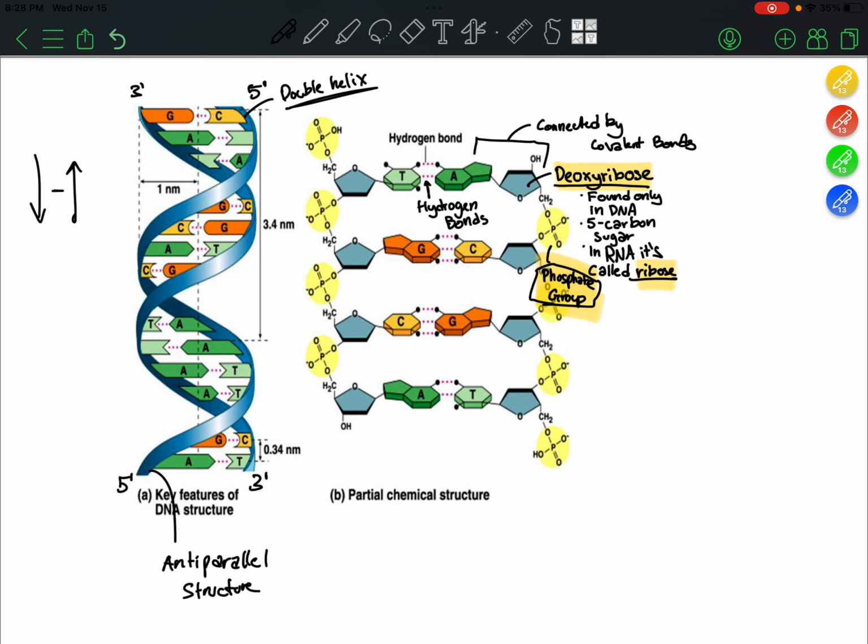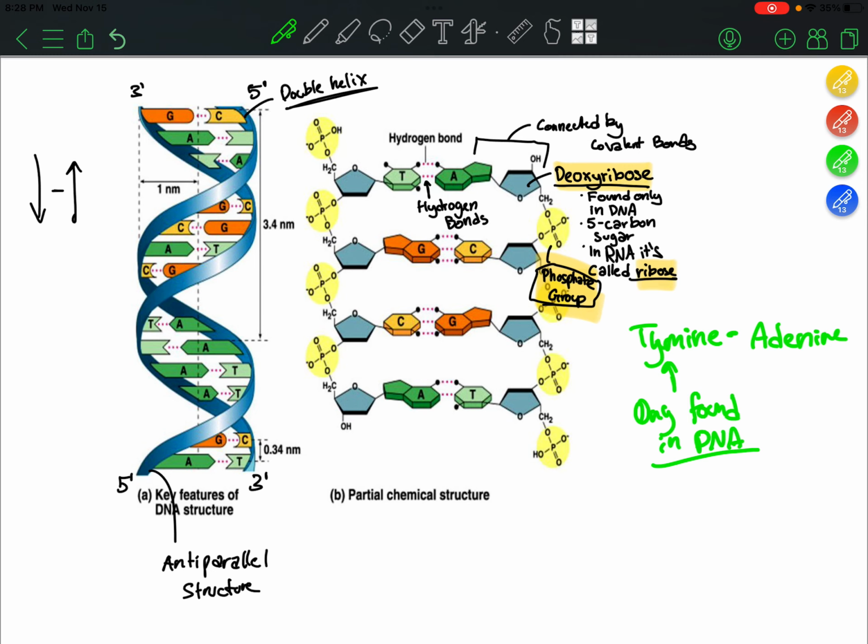Before we do that, remember that T, which stands for thymine, always connects to adenine, and it is only found in DNA. If the structure is RNA, and the question asks, for example, in an RNA structure, adenine pairs with what?